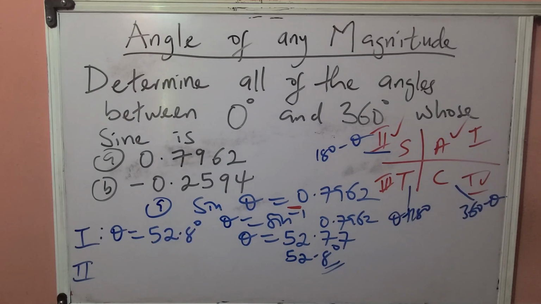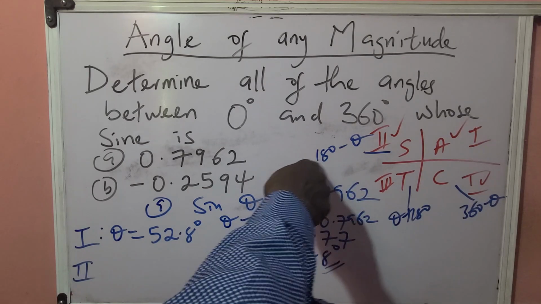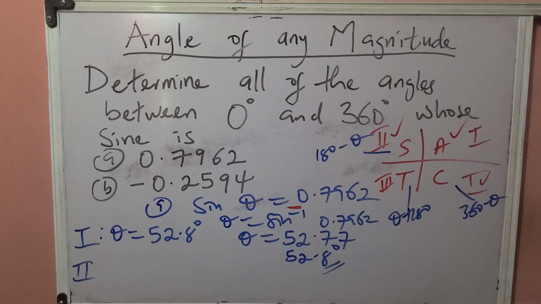Now let me say this: whatever answer you fix in for your quadrants is your final answer. So your quadrants are what will determine what the final answer to this question will be. For quadrant 1, I told you just replace whatever you have done here initially. And for quadrant 2, you check what the rule is that operates in quadrant 2. You can see that 180 minus theta is what happens there.